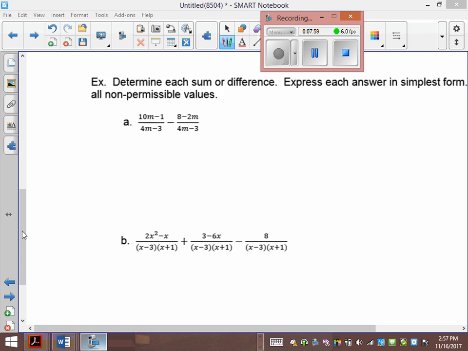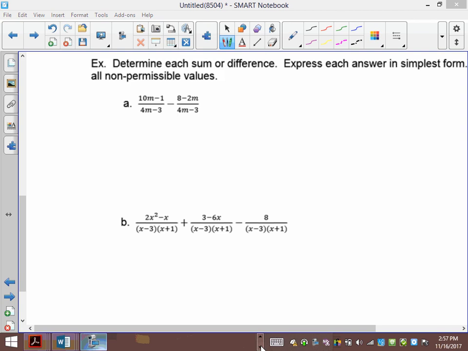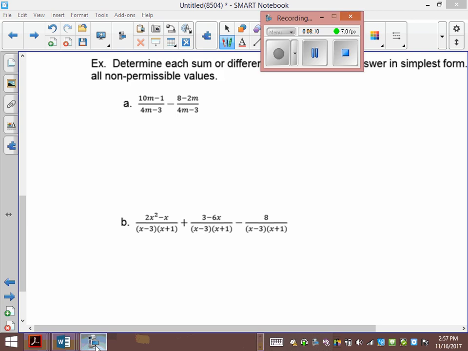Okay, you're going to try these two. They already have common denominators. So this one you'd get 10m minus 1 over 4m minus 3 minus 8 plus 2m.